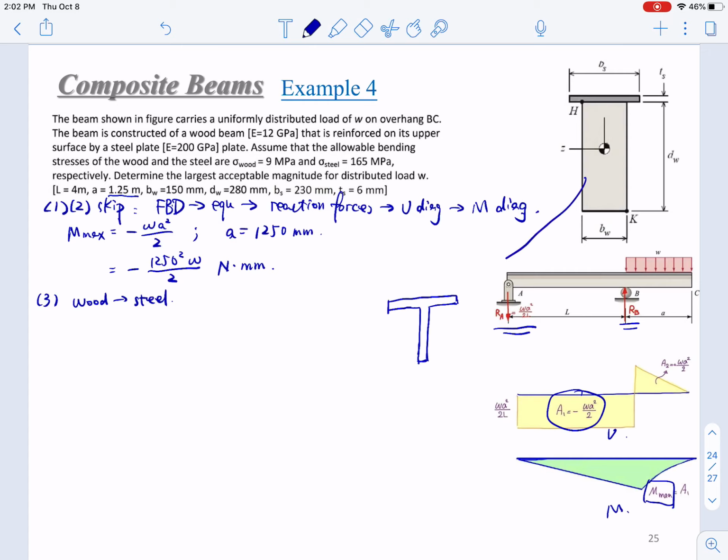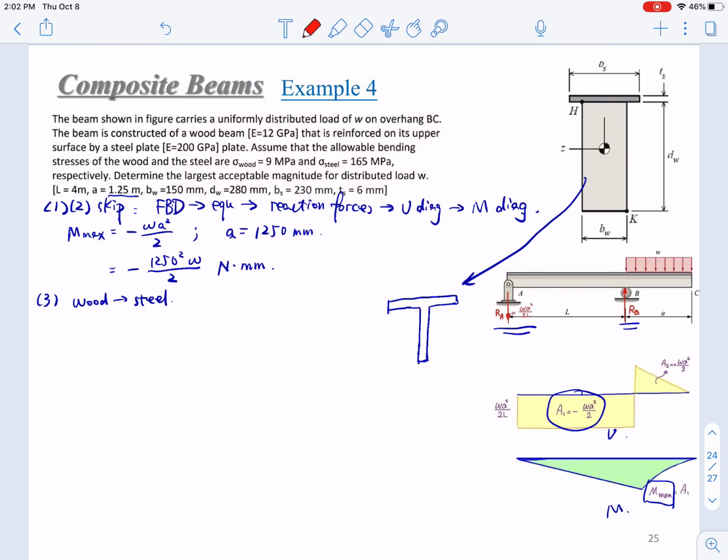So this shape will become this shape. The steel plate sizes will not be changed, but the width of the wood after changing to steel will be changed. We just need to determine this size.